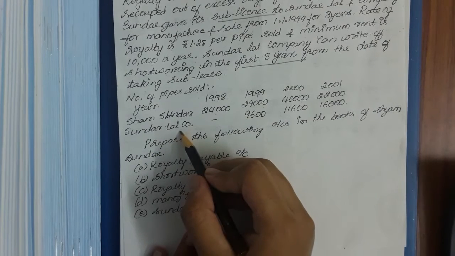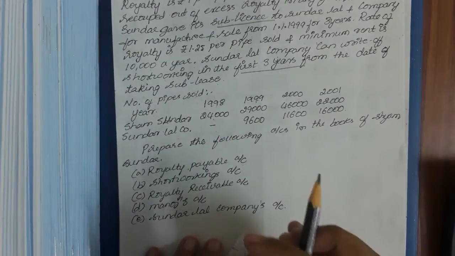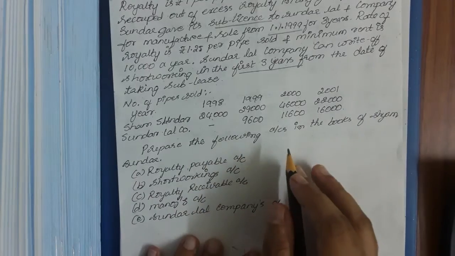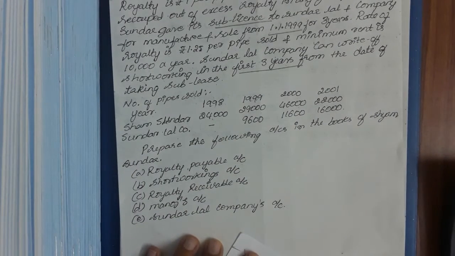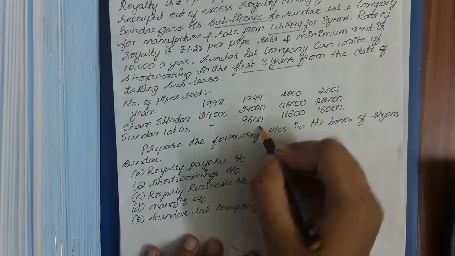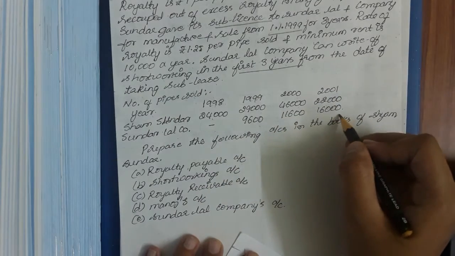Sundar Lal, the sub-lessee, cannot sell in 1999 because the sub-lease was given from 1/9/1999. So in 1999, 9,600, in 2000, 11,600, in 2001, 16,000.